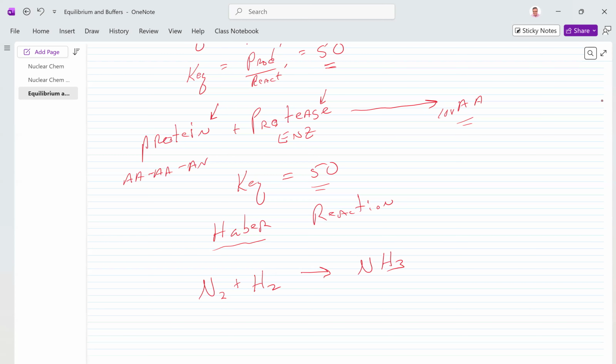Now, the reason why this is such an important reaction is because until they were able to make ammonia for pesticides, for creating a refrigerant, a whole bunch of things, they had to go to the South Sea Islands in South America and harvest bird dung, because bird dung is high in nitrates, and they just used a process for that.